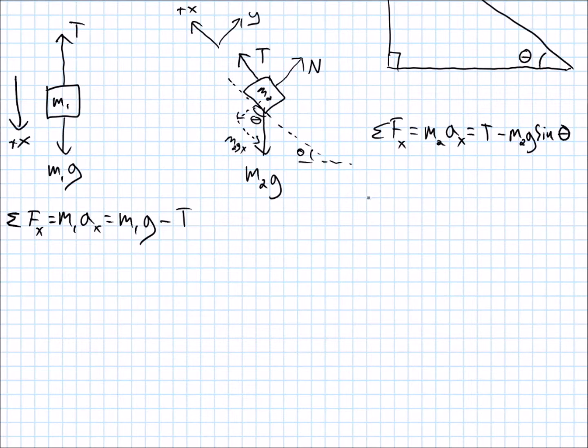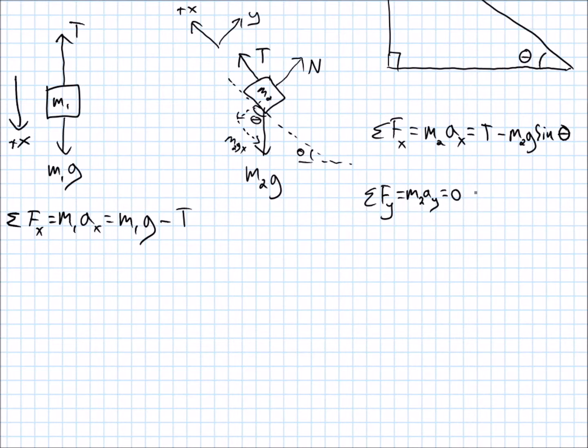Now we'll do the sum of the forces in the y direction, which is equal to M2 times acceleration in the y direction, but as you can see, it's not flying up into the air and it's not bashing in through the ramp. The sum of the forces in the y direction is equal to 0. It's not accelerating.